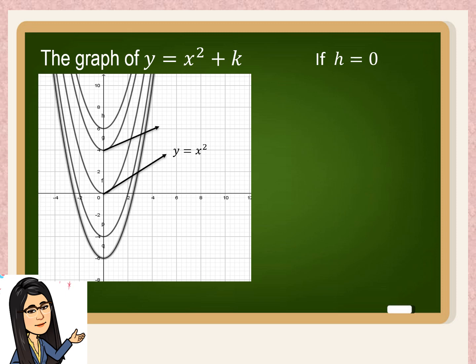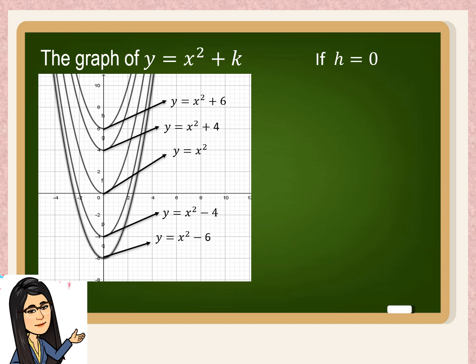We also have y is equal to x squared plus 4. Then y is equal to x squared plus 6. Then y is equal to x squared minus 4. And y is equal to x squared minus 6.